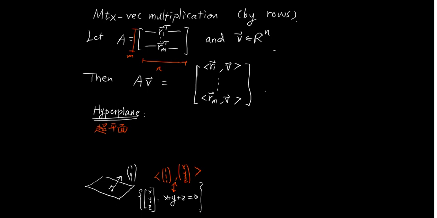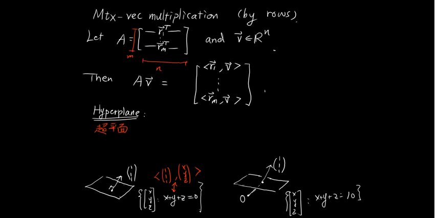Another example is like this. It's a plane that also has normal vector (1, 1, 1), but it is away from the origin. Here is the origin, but your plane is a bit far from the origin. This plane can be written as, for example, x plus y plus z equal to 10.